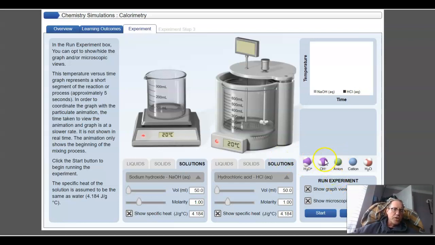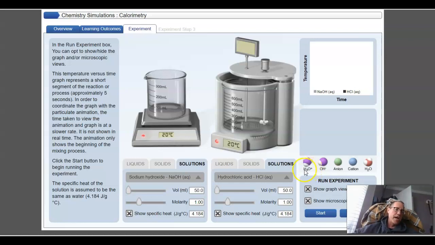Now, just a little note here. I think you probably can see my mouse arrow. I hope you can. Underneath the microscopic view, it has the hydronium ion, H3O plus. All right, H plus, H3O plus, same thing. It's just a hydrogen ion piggybacking on water. So that gives us our hydronium ion H3O plus.